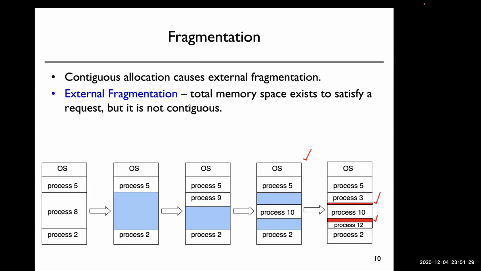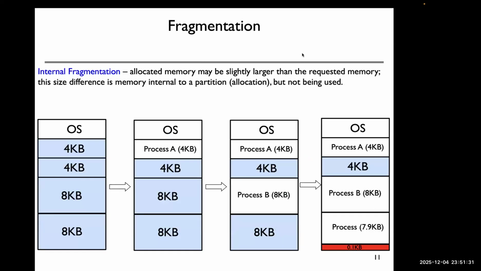Now, what is internal fragmentation? In some memory allocation strategies, the total available space that we have initially, which is available for loading user processes, is partitioned into a set of equal size chunks.